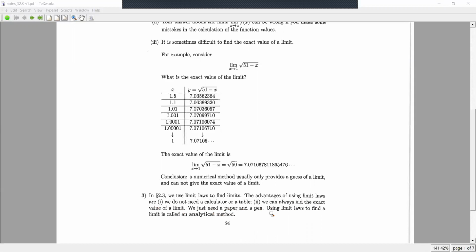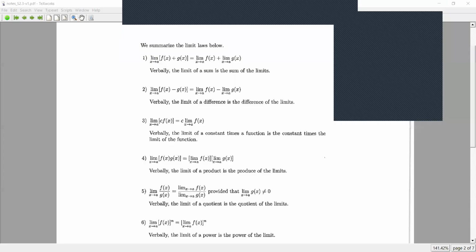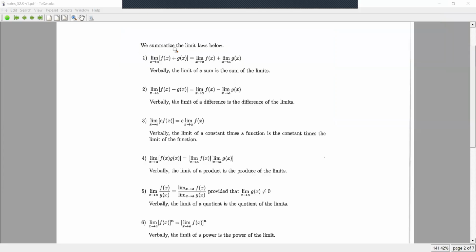In this book, using a table to find a limit is called a numerical method. Using limit laws to find a limit is called an analytical method. Here I summarize all the limit laws below.